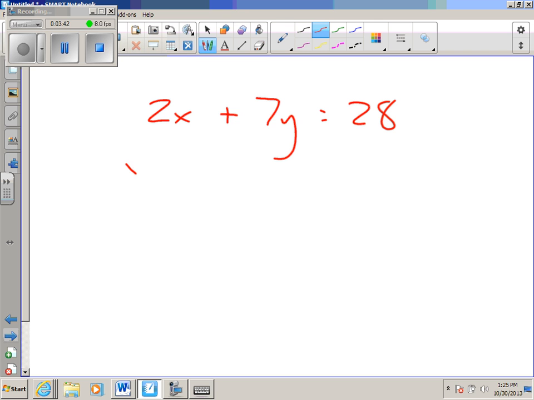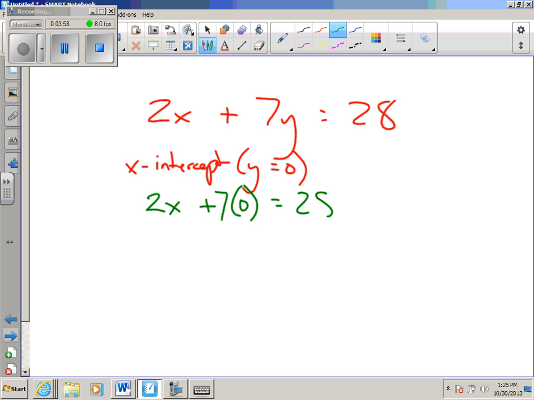So I'm going to plug that into my equation, y being 0, because that tells me where x is, and I can go from there.